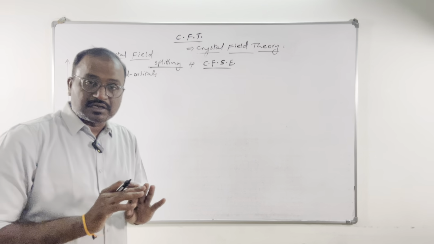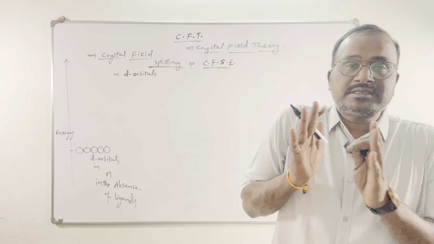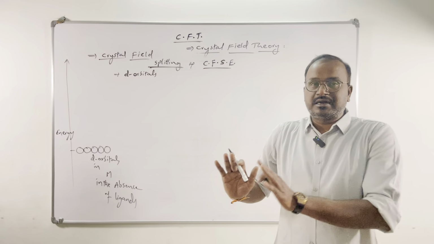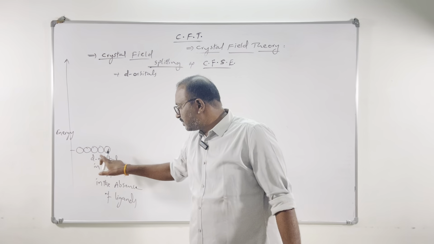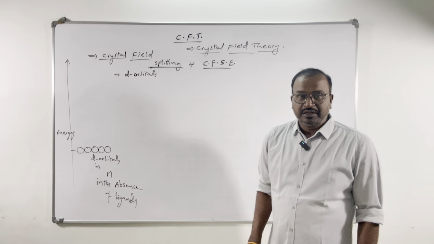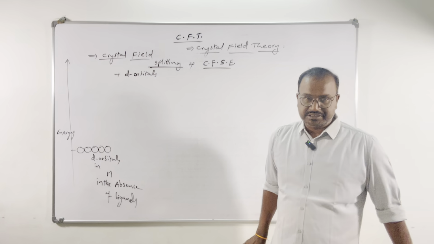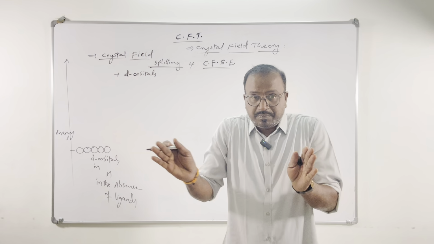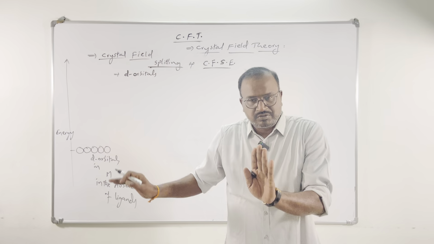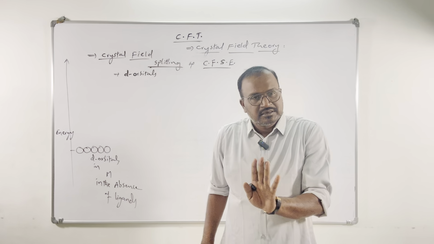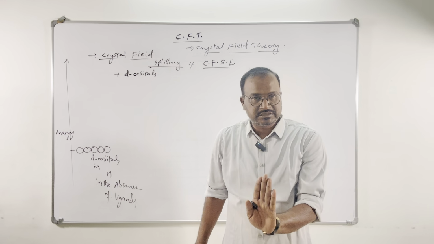When ligands are not there, only the central atom, the metal atom or metal ion, is there, the five d orbitals of M will contain the lowest energy. When there are no ligands here, the energy will be less, like this.